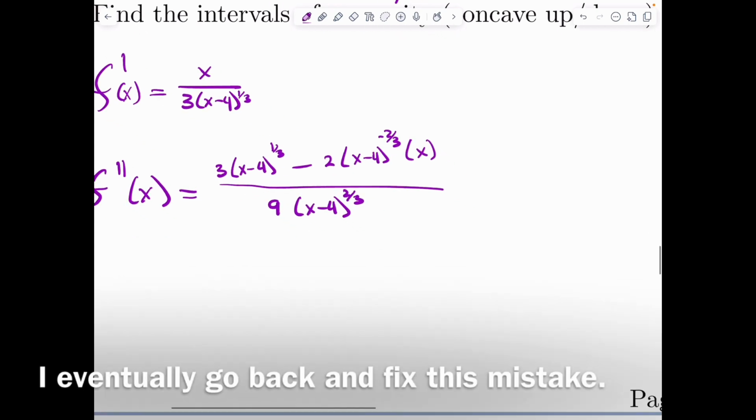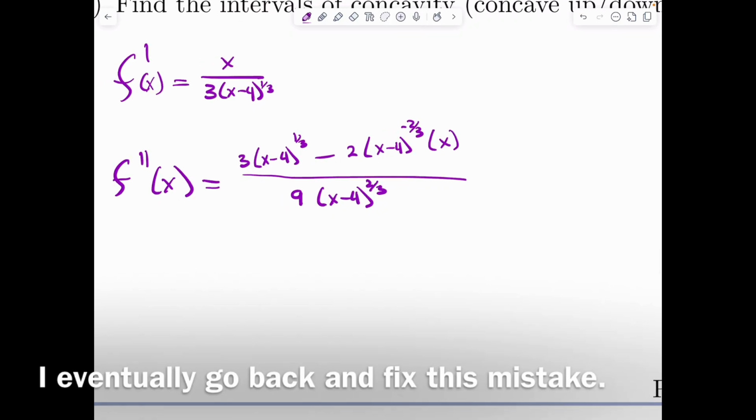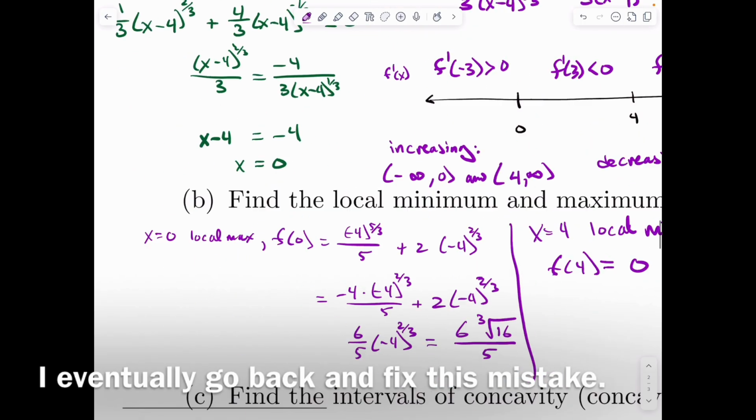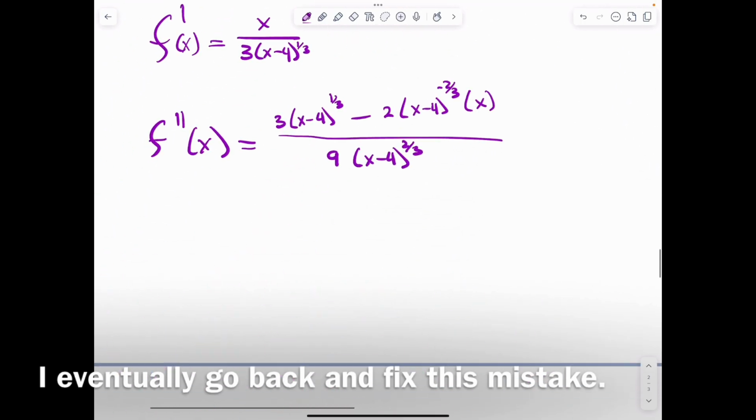Yeah, that's not going to be nice. Well, probably would have been easier to start with this other one. Well, I'm where I am, so let's go ahead and do it.